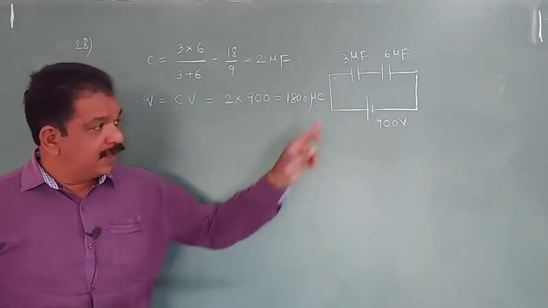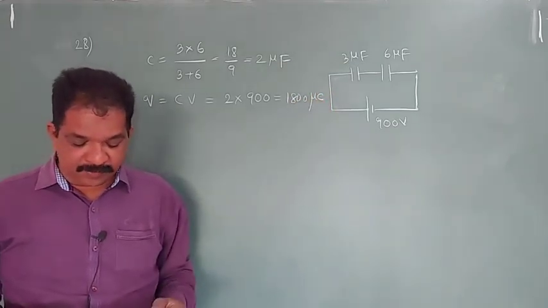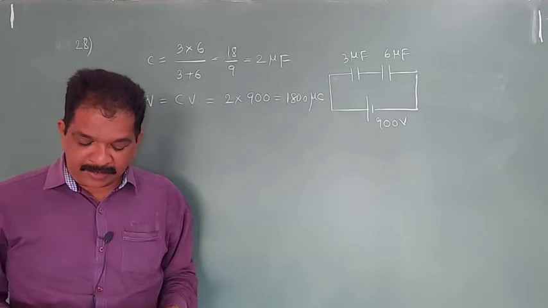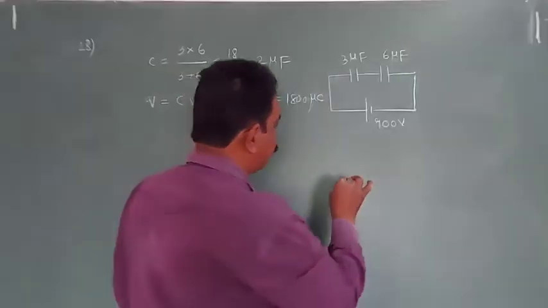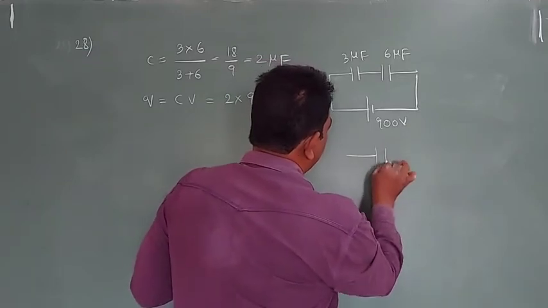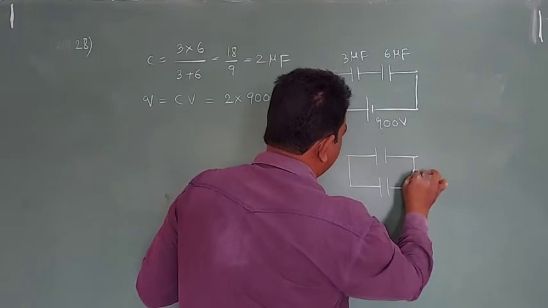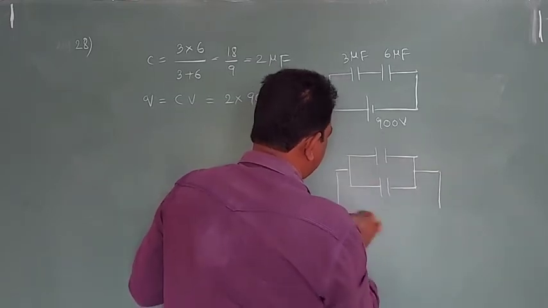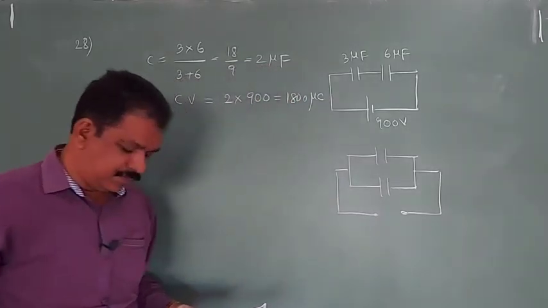Now they are disconnected and they are connected in parallel. Now these two are connected in parallel. Then what is the PD across these two? They are asking.